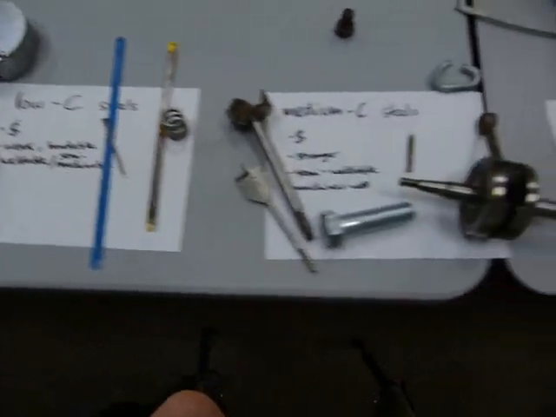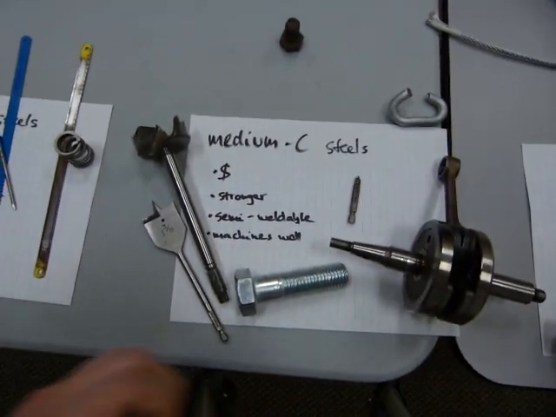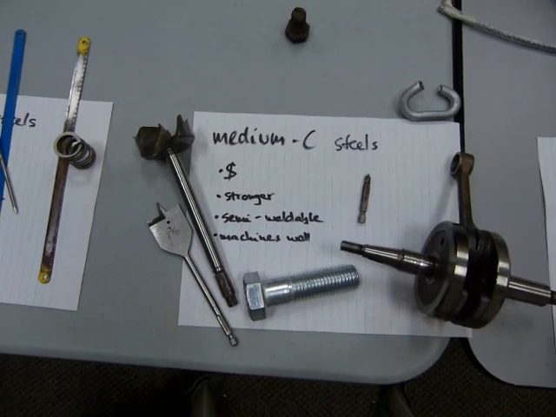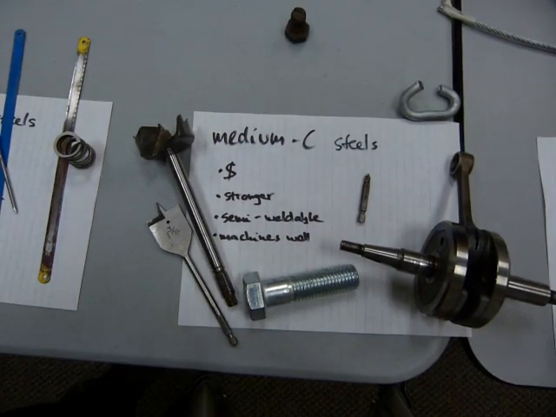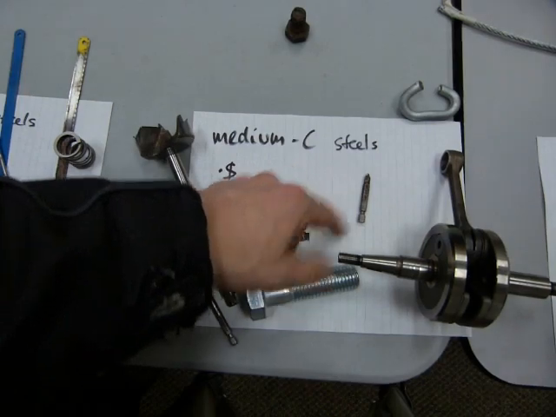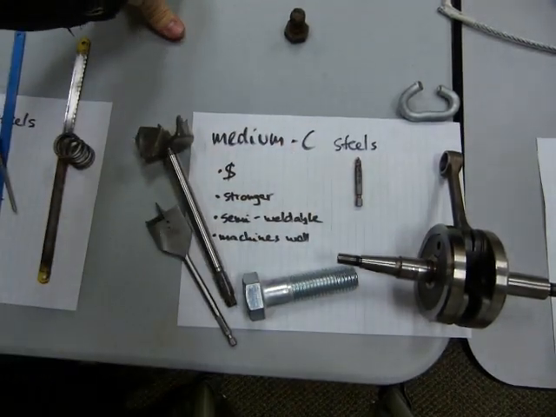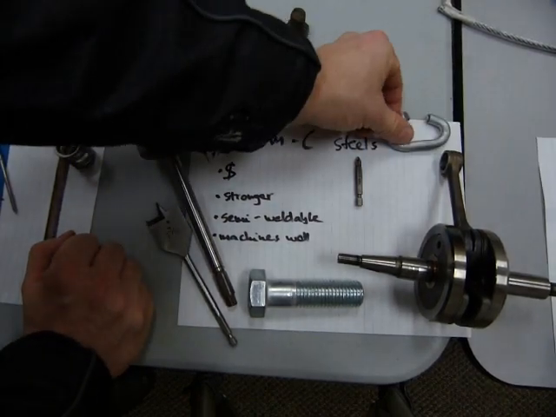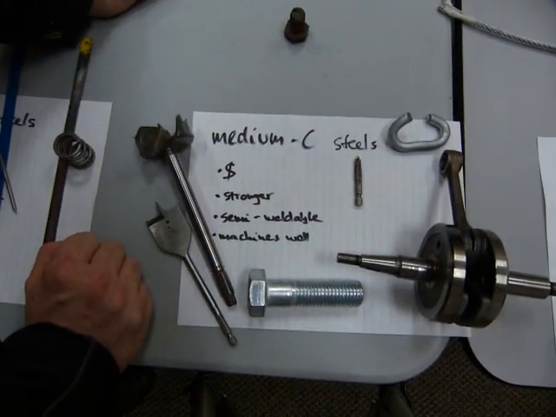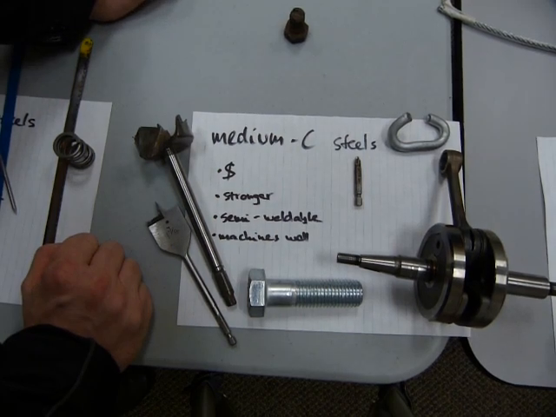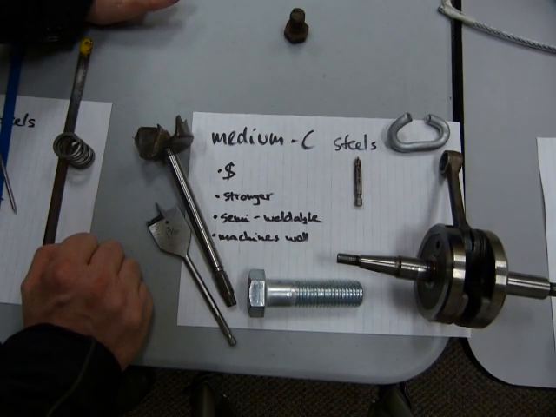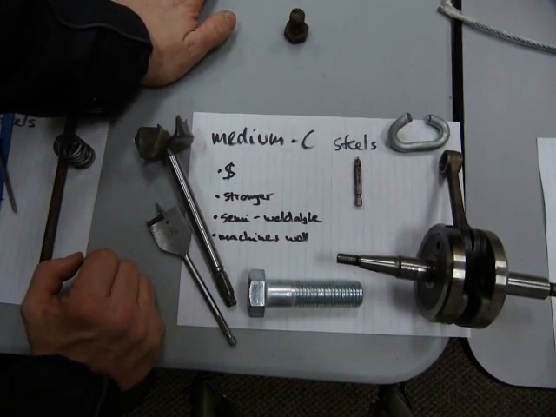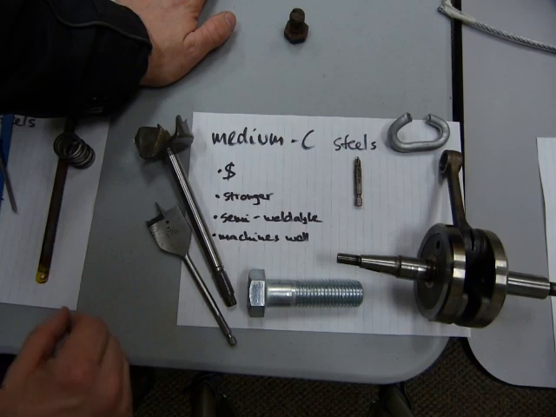Now, next group over is medium carbon steels. Medium carbon steels are also cheap because there's lots of them. Shafts and axles are made out of medium carbon steels, as well as tools like screwdriver bits, fasteners like nuts and bolts, and some cheap chains. Not all chains are equal, actually, and I'll tell you more about chains when we move higher up the food chain.